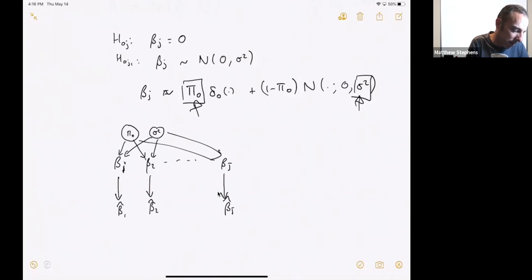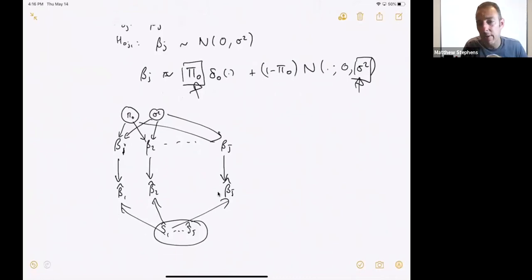I'm treating the standard errors as known, and they're actually different for each test, so maybe I shouldn't draw them. But because I'm treating them as known, I'm not being very careful about those.